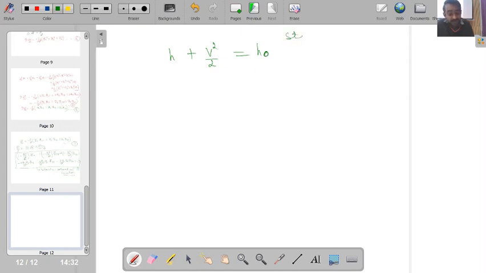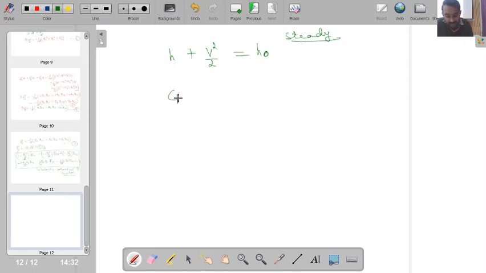You can recall from the previous lectures when I discussed the different forms of energy equation: if we neglect the body force and heat transfer, and make the phenomenon steady, then h naught remains constant.